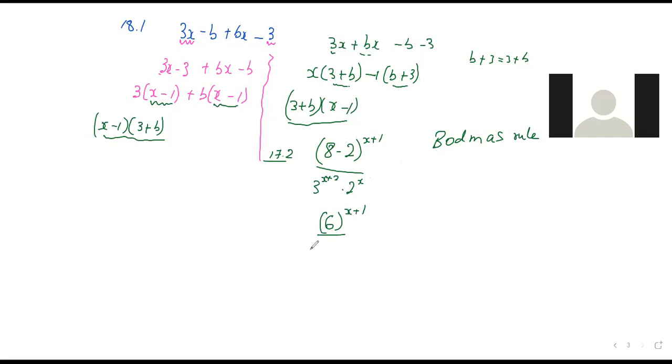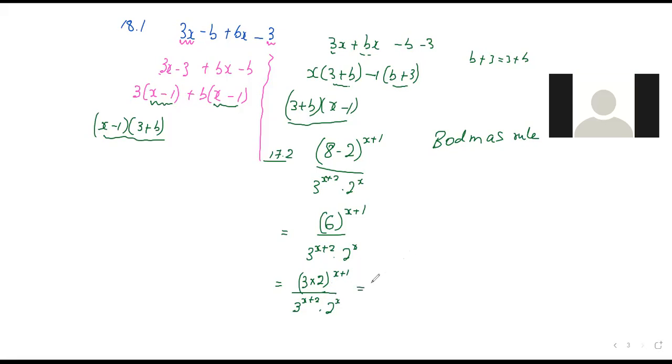The bottom one is 3x plus 2 times 2x. 6 is the same as 3 times 2 into x plus 1, into 3x plus 2 into 2x.